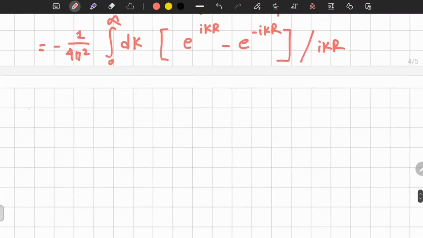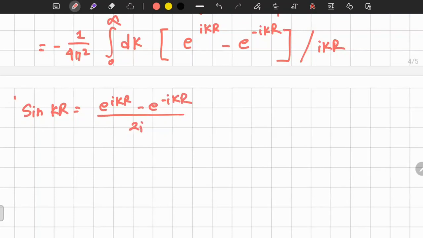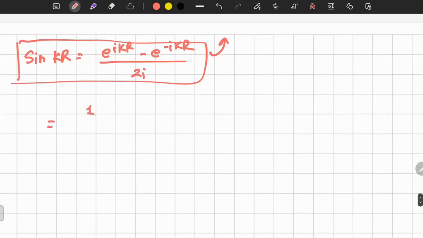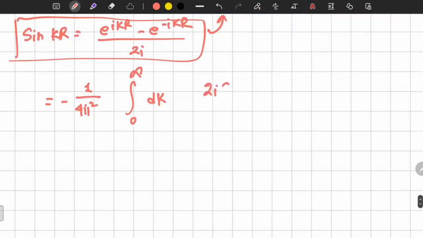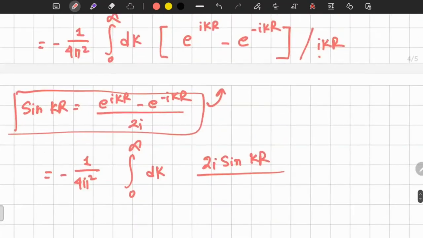Now we know that we can write sine kr is equal to e to the power I kr minus e to the power minus I kr divided by 2i, right? These things. So we can use this here. So it will be minus 1 by 4 pi square, 0 to infinity dk, and it will be 2i sine kr divided by I kr.